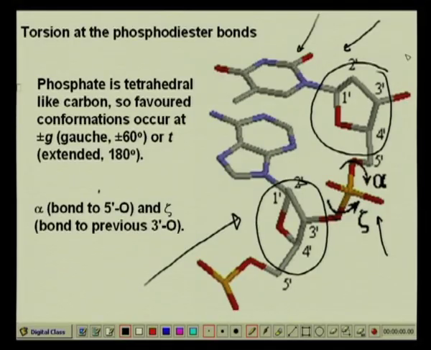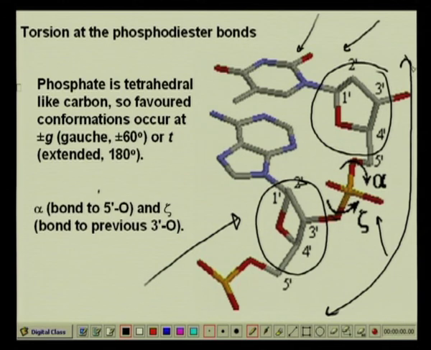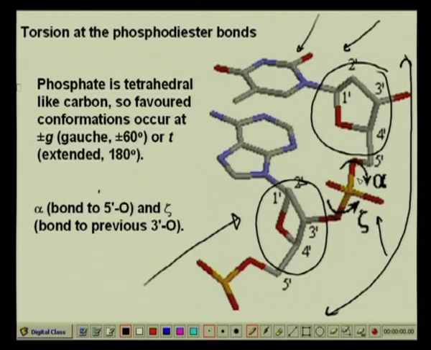Because see, this is the overall backbone. If this is the overall backbone, we can have positional changes due to the ring puckering. We can also have positional changes due to rotations about this bond and this bond.